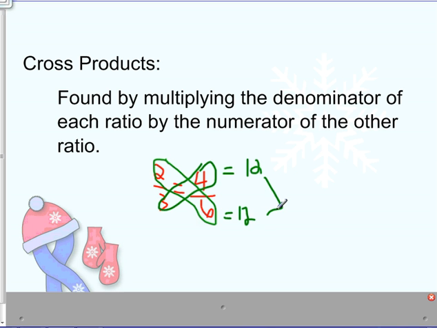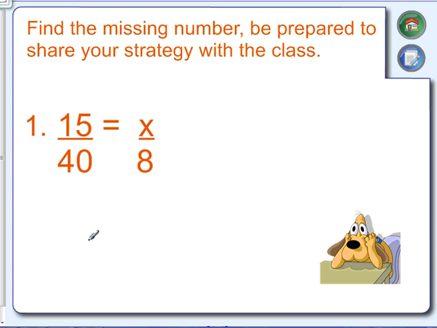Because these two are equal, we can say that these two ratios are proportional and that this is in fact a proportion. With this idea in mind, we can use cross products, also known as cross multiplying, and proportions when we're solving different questions.